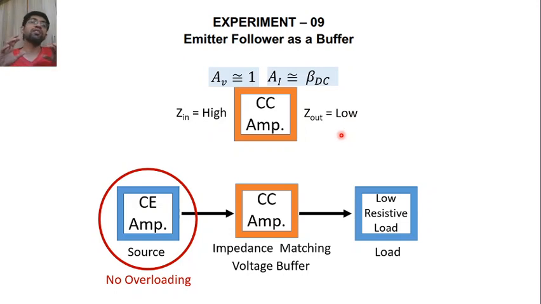So in the situation where the source has low output impedance and the load has high input impedance, if you want to match the source with high impedance and the load with low impedance, CB amplifier will be used. So CB is also useful in impedance matching, but in a particular case.